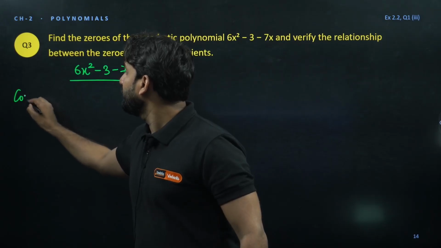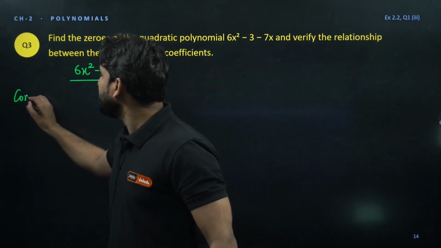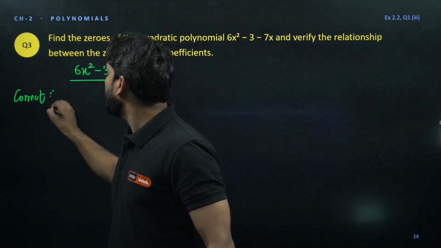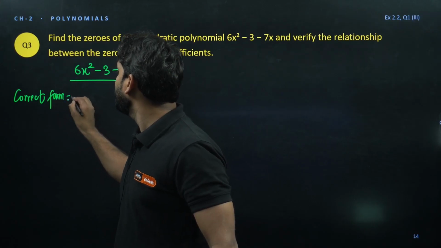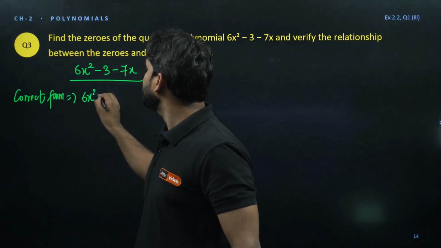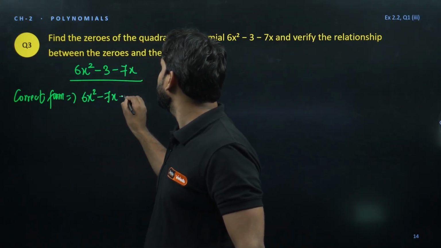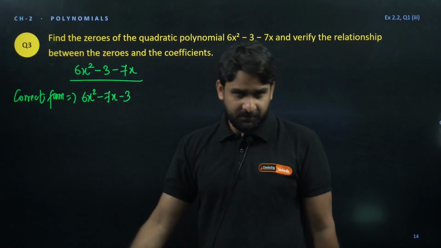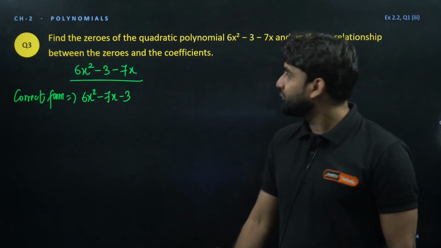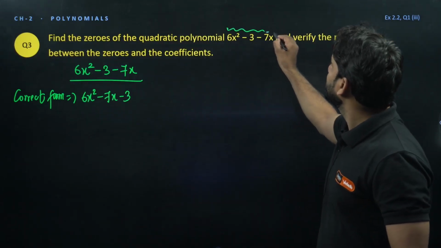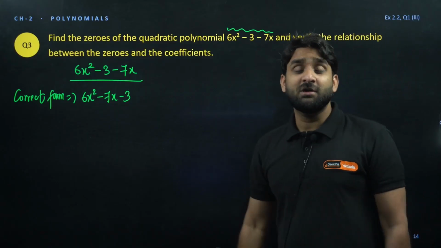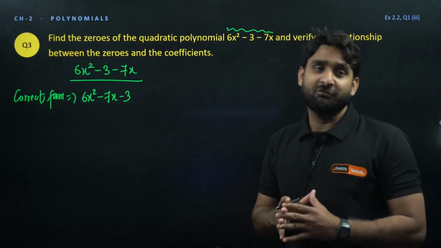My dear champion, please tell me the correct form. The correct form will be 6x square minus 7x minus 3. This is the correct form. Clear, everyone? It was a little confusing. So always, if the polynomial is not in the correct form, make it correct first.